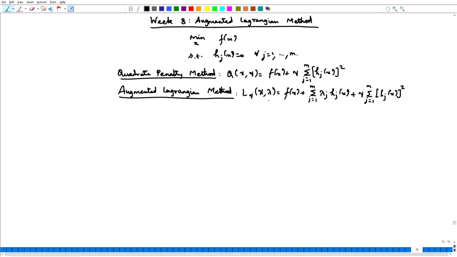So, the first question should be, why do we add the penalty to f of x plus summation lambda j h j of x instead of adding it just to f of x? In the quadratic penalty method we added the penalty only to f of x, and in the augmented Lagrangian method we are adding it to f of x plus summation lambda j h j of x.